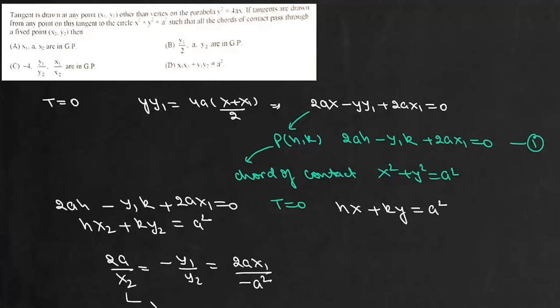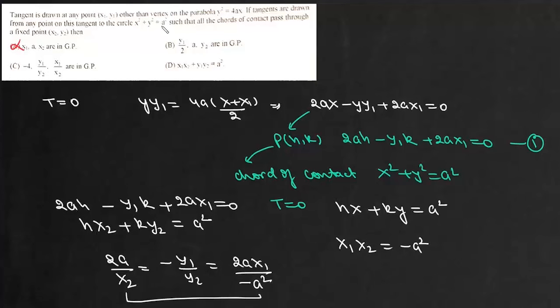Now if we take the first and third conditions, then we can write x1 x2 = -a^2. That means this option A is incorrect. So x1, a, x2 cannot be in GP.